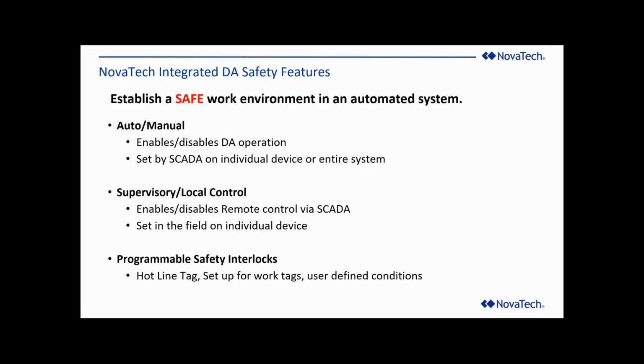So that could be a hotline tag, which is often used for a line recloser, so that when it is in hotline tag, there's generally some crews working on the line in the field, and you want to leave the DA functional to an extent, but you don't want DA to close in on a crew that's working in the field. So that becomes part of your company operating practices, how you're going to do that and what you're going to do it with.